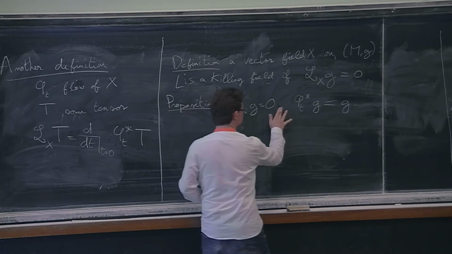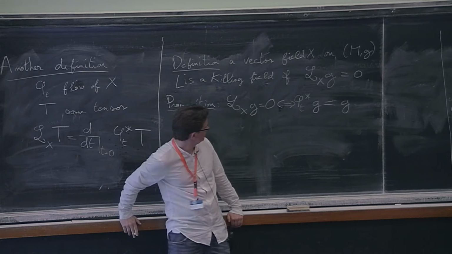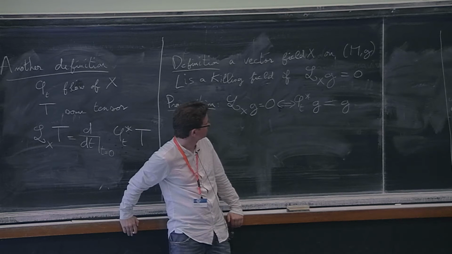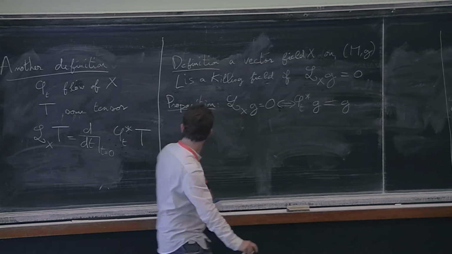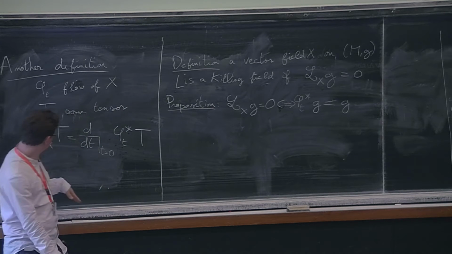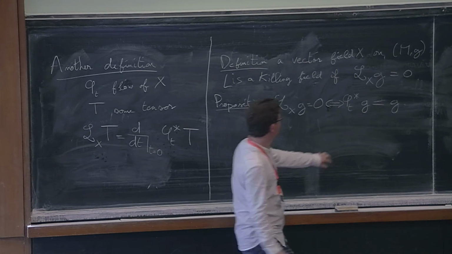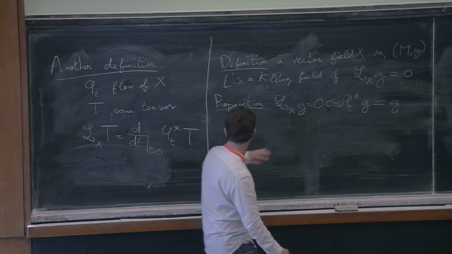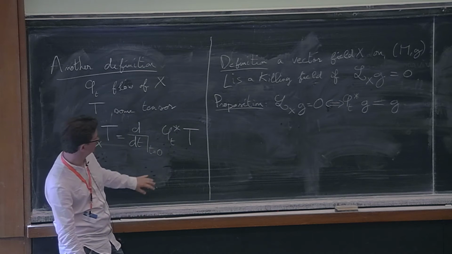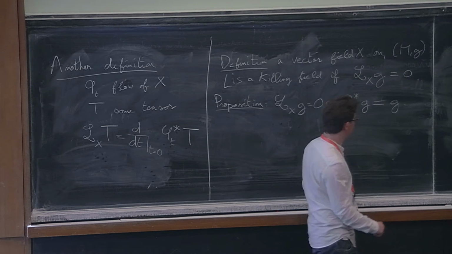So that's an equivalence. I'm considering complete vector fields on complete Riemannian manifolds. And I'll say what complete is shortly. So yeah, this way to this way is really easy. It's just applying this part of the definition. In the other sense, it's not much harder.